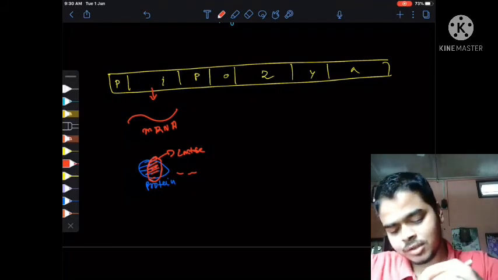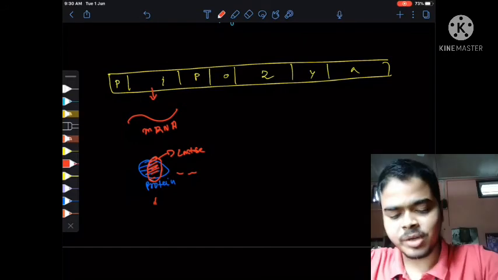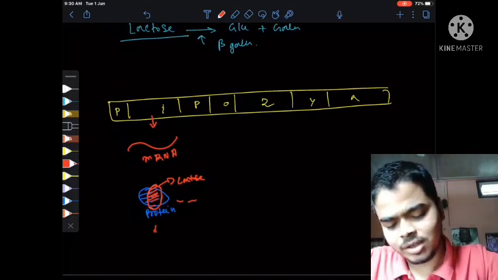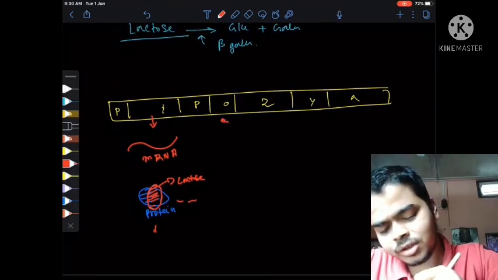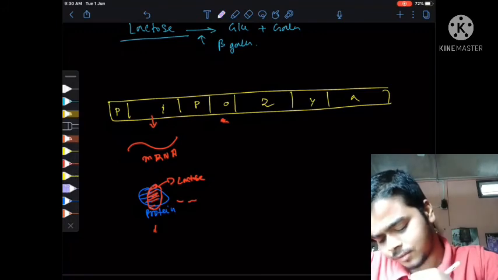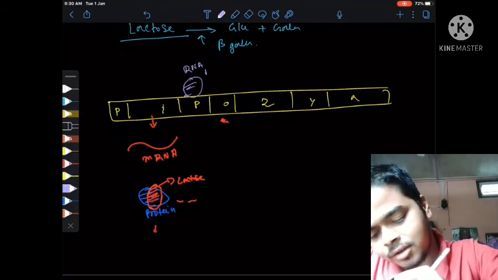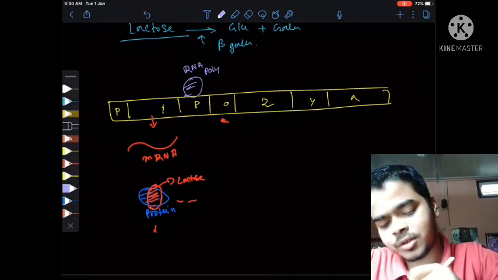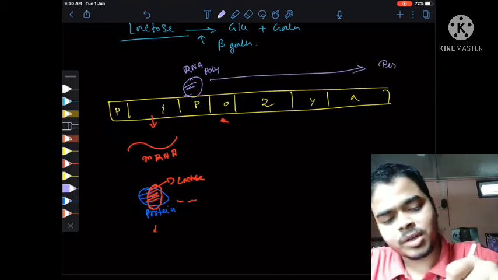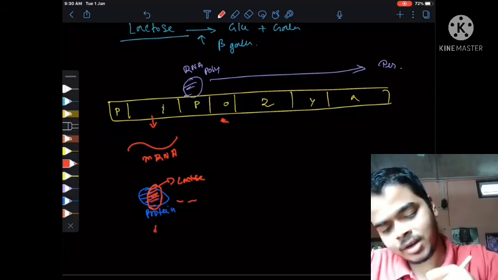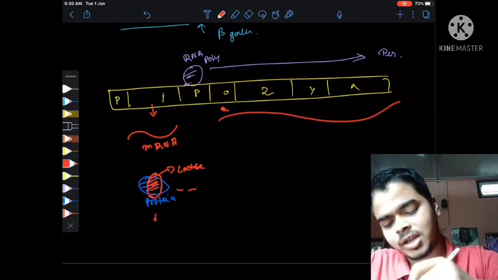So the repressor protein stays here and cannot bind to the operator, and hence there is no obstruction in the operator part. So when the RNA polymerase, for example this one, binds to the promoter, it moves to the terminator part and the mRNA is transcribed, because there is no obstruction.